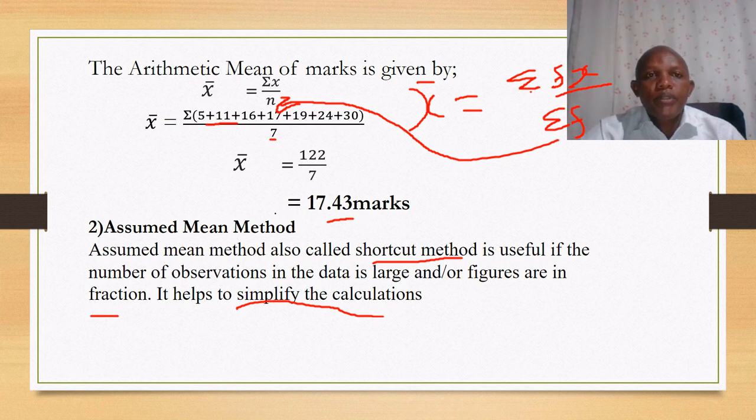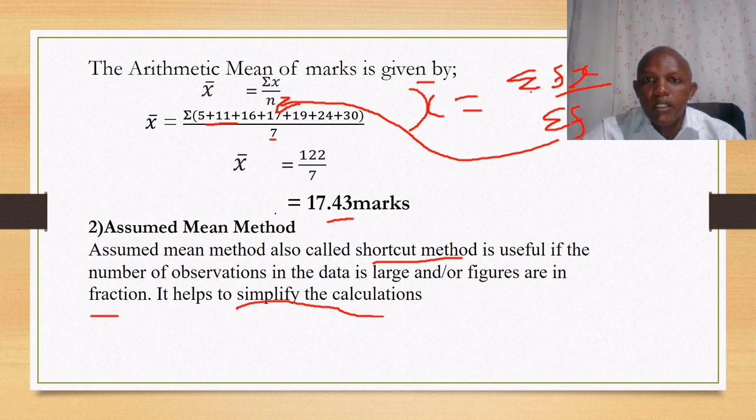Now, suppose it had frequencies or grouped data. We're going to look at that. But generally, if this is the formula for discrete data, then if it was data that has frequency, the formula will just change to the summation of fx divided by the summation of f.